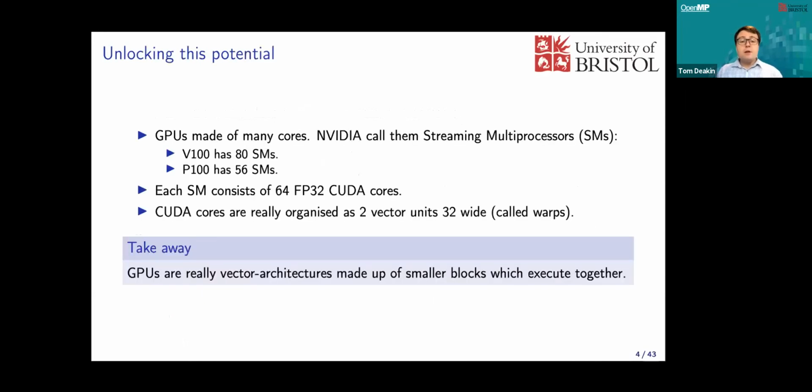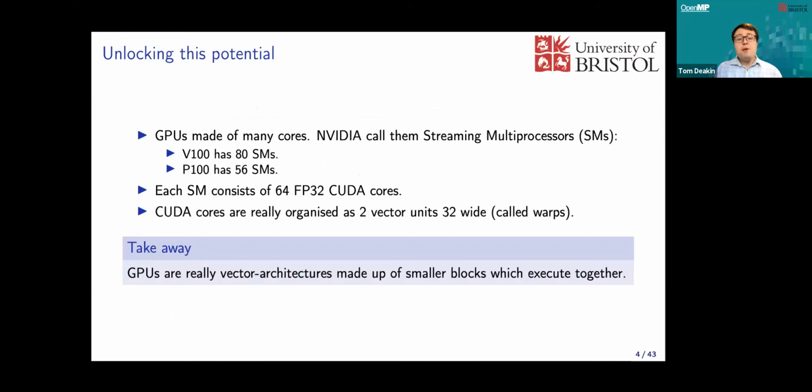So let's have a little case study of what GPUs might look like. And for this, we're going to use NVIDIA. In this slide, I'm going to be using a lot of NVIDIA definitions for how they construct their GPUs, what their architecture means to them in their own language.